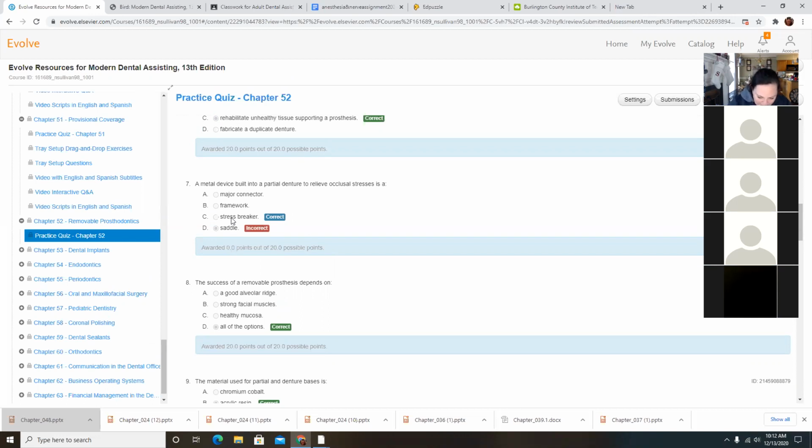Let me see if I can find that in here. Where are we? I have the 12th edition. If you're looking at page 874, but in everybody's book, I think it'll be figure 52.3.